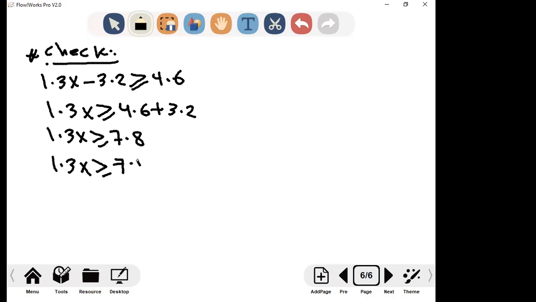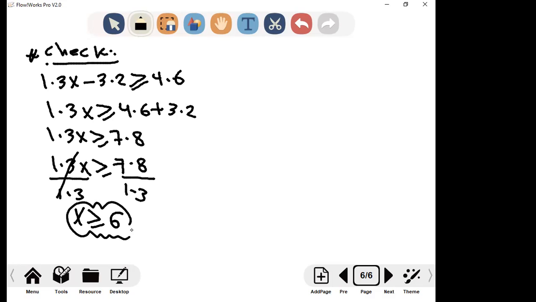Now we divide both sides by 1.3. Gone. X will be more than or equal 6. And you can graph it in part B. This is 6, closed circle, and it is more than or equal. I didn't switch the inequality because I'm dividing by a positive number.